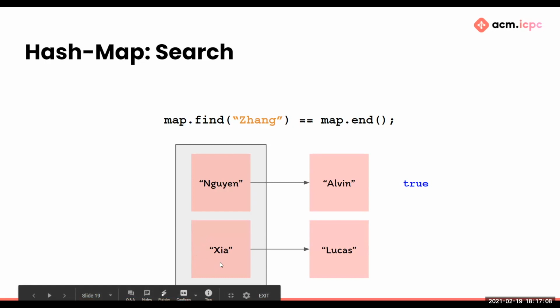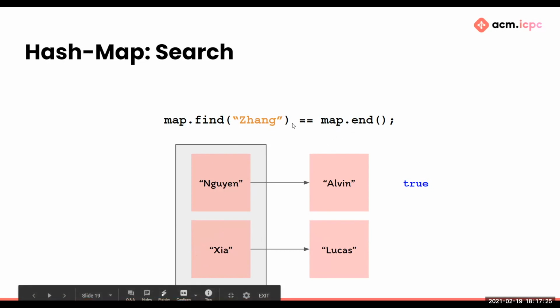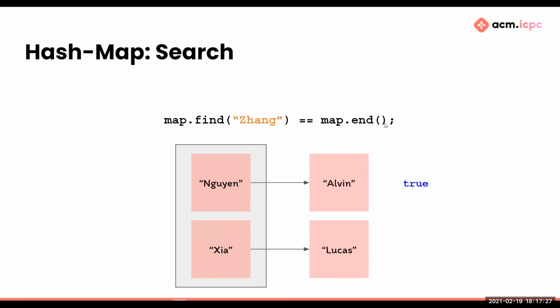It's a bit different, but if you want to think about it simply, just think about it as a pointer. However, if you don't find the key inside the map, it'll give you the end iterator, which just means you didn't find it. It needed to return an iterator, so it just returned the end iterator, which doesn't really point to any key value pair. So if I do map.find Zhang and it equals map.end, this means I couldn't find the key Zhang inside of this hash map. So this would return true.